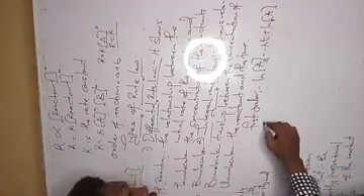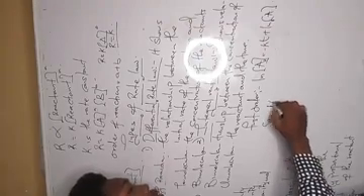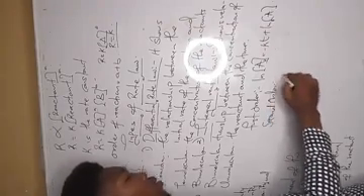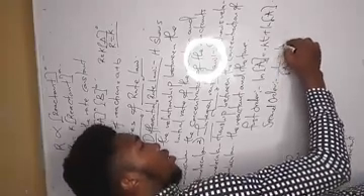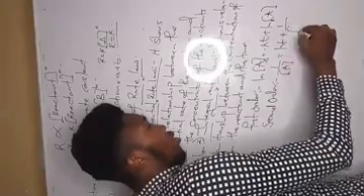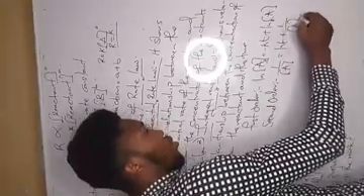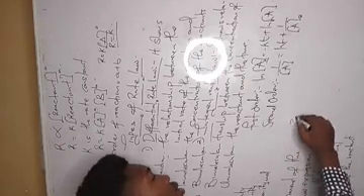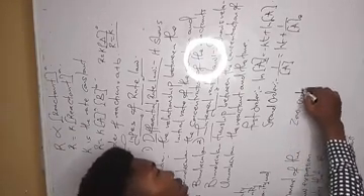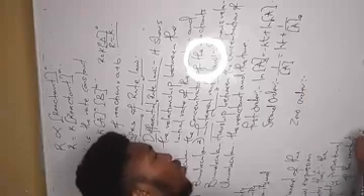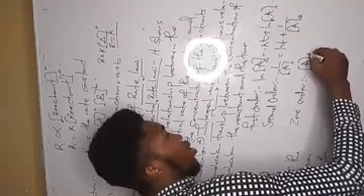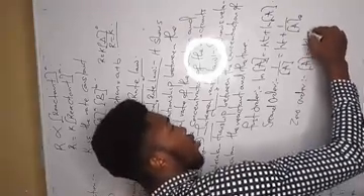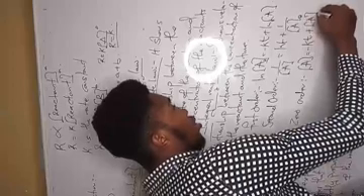Then for the second order, you have 1 over A equals KT plus 1 over A naught. Then for the zero order, you have A equals minus KT plus A naught.